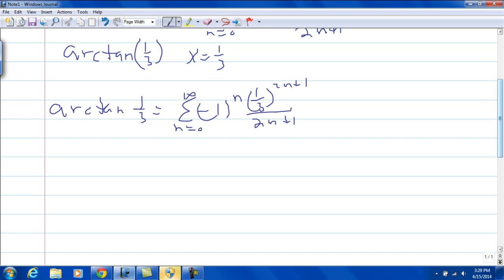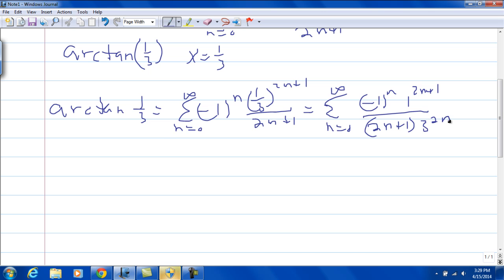I can expand this a little bit: the sum of -1 to the n, 1 to the 2n plus 1, well that's just going to be 1, over 2n plus 1 times 3 to the 2n plus 1. So I'm going to use this last formula here. And what are we going to get out of that?